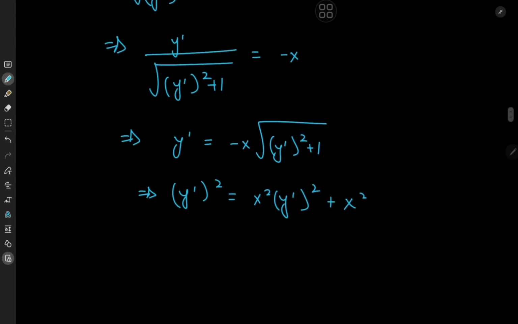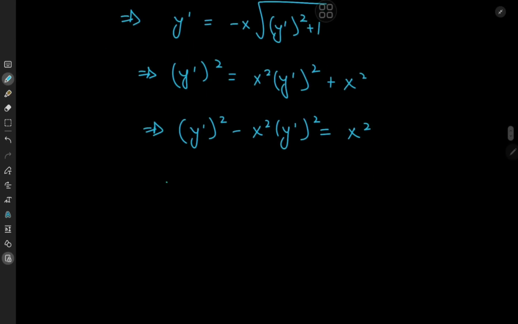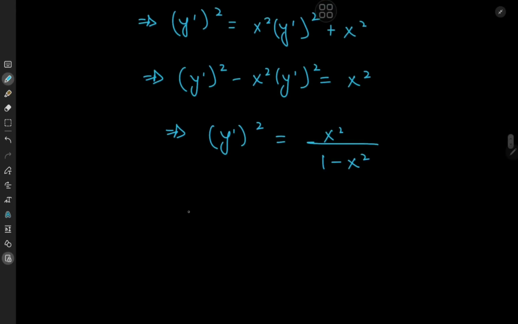Now collecting all the y prime squared terms together, we have y prime squared minus x squared y prime squared equal to x squared, which implies that y prime squared equals x squared divided by 1 minus x squared, which means that we have y prime equal to plus or minus x divided by root 1 minus x squared.